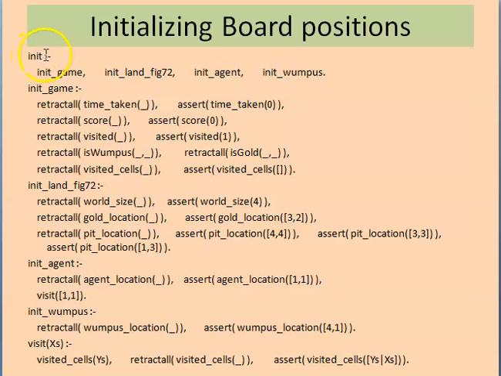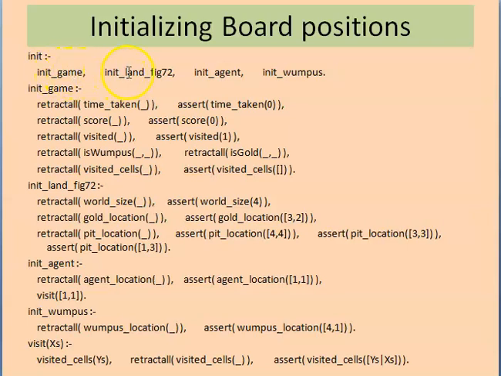So these are the various parameters which we are going to use in the database of Prolog. Now before the game begins, we have to initialize the various parameters which we have just discussed. So there is a predicate init which we will call in the start predicate of Prolog. In init we will initialize the game. How will we initialize the game? We will set the score, time taken, the visited cells, whether the Wumpus is there or not, like this.